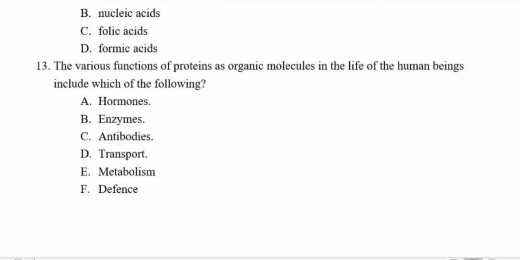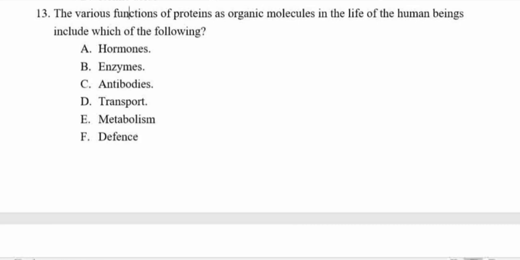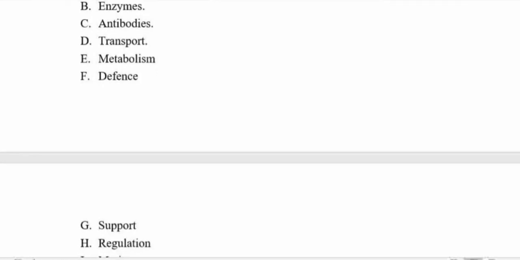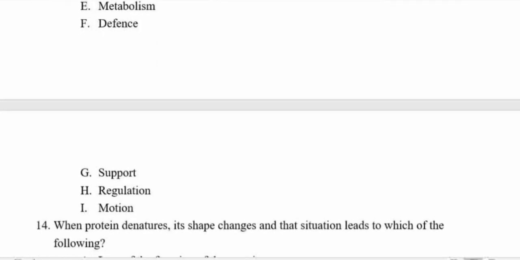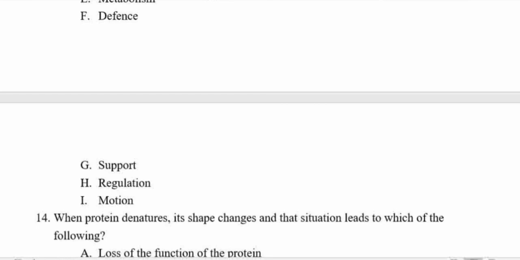The third one says they are for transport. The fourth one, metabolism. The fifth one, defense. The sixth one, supports. And then the option H, regulation. The last option, option I, says that proteins are for motion. So which of these do you think is right?